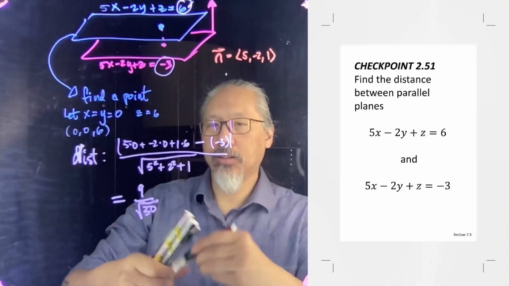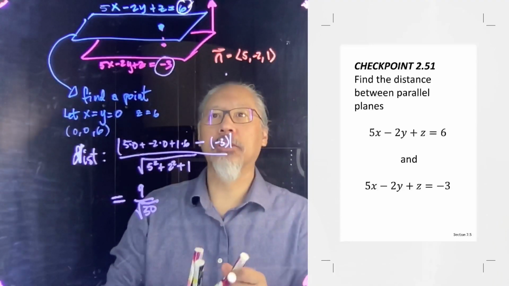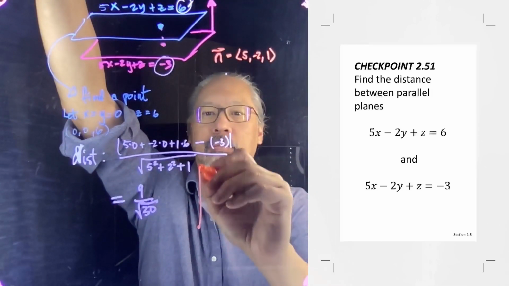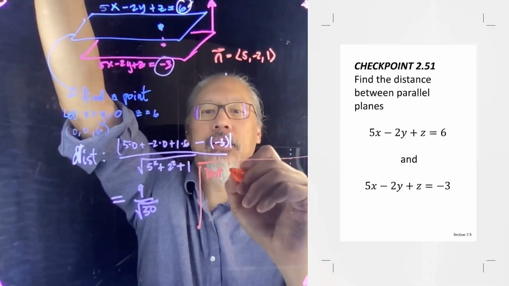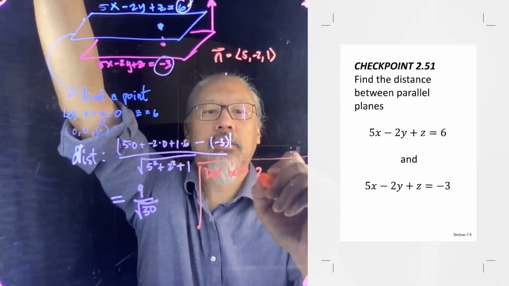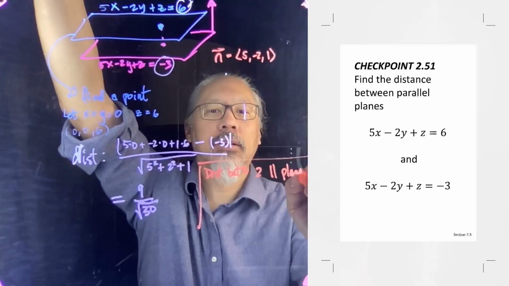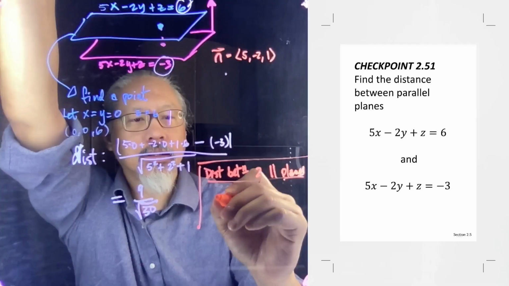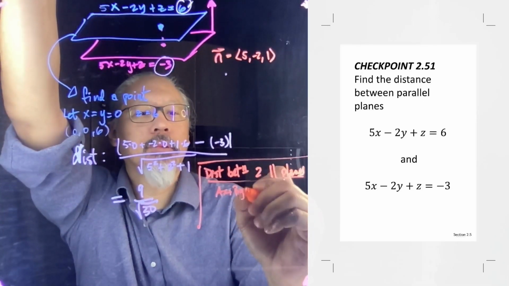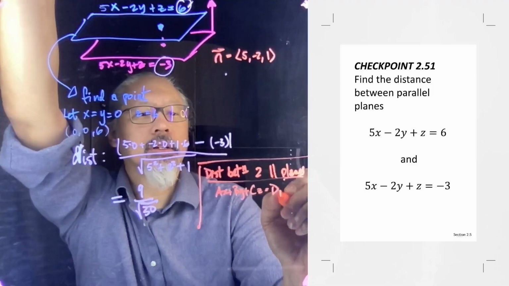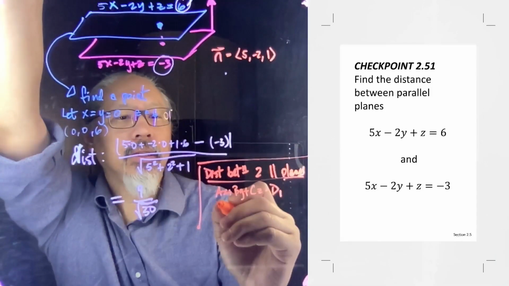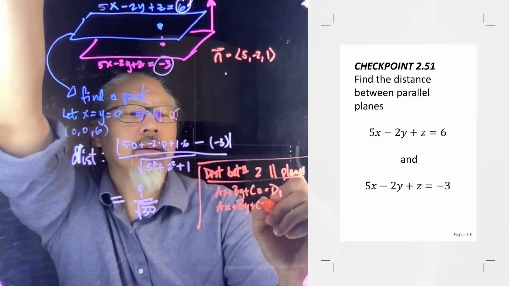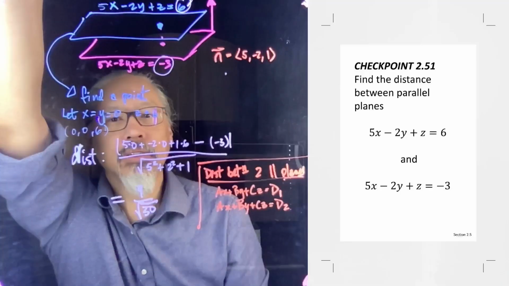Again, let's recap a formula here for the distance between two parallel planes. That distance can be found by, let's write the equation of the planes down: ax plus by plus cz is equal to, let's call it d1, and it'll have the same normal vector, so if we scale it to be exactly the same, they have the same a, b, and c, but now you have d2.